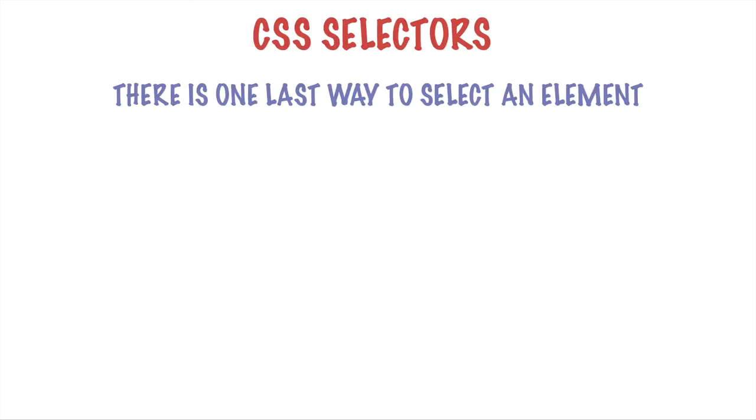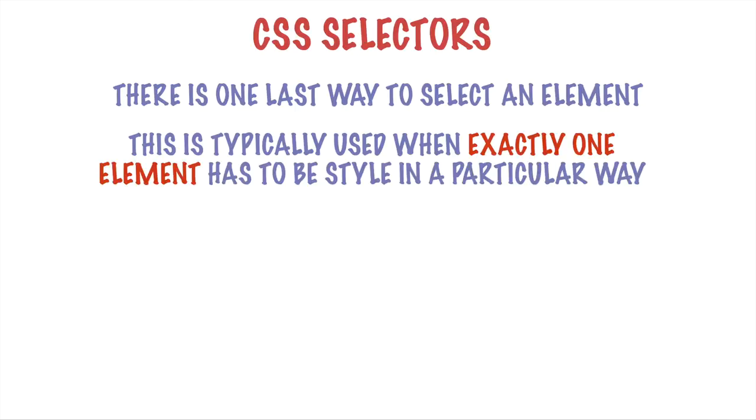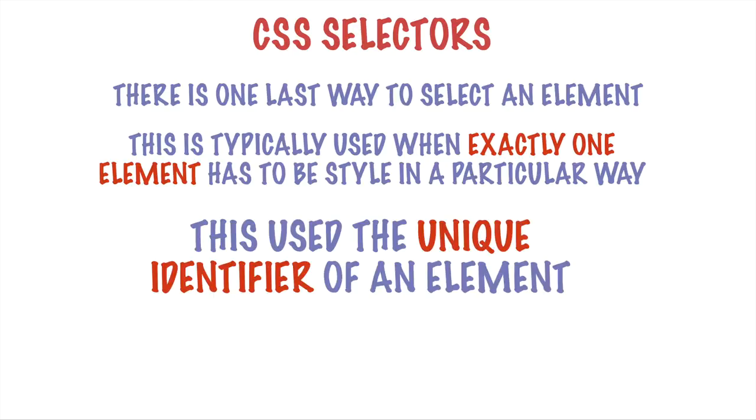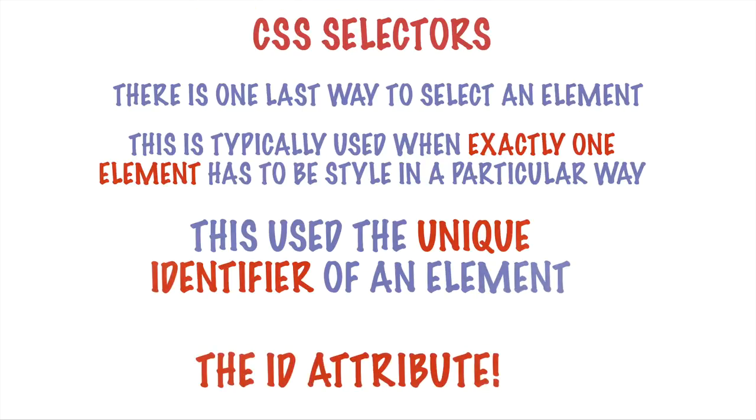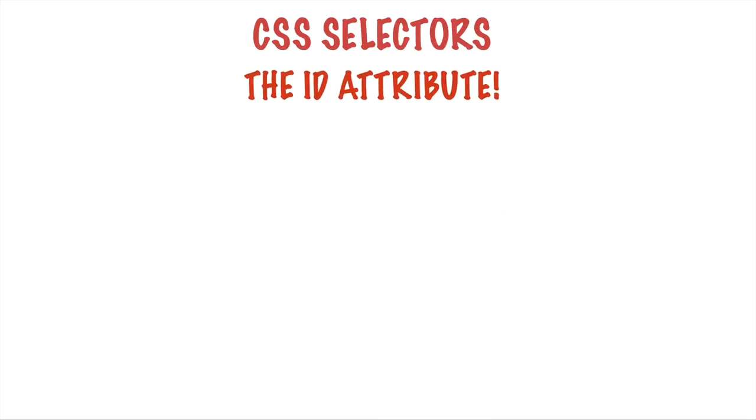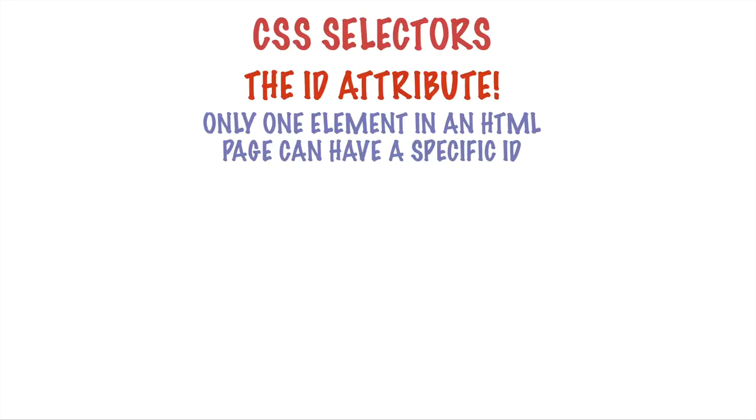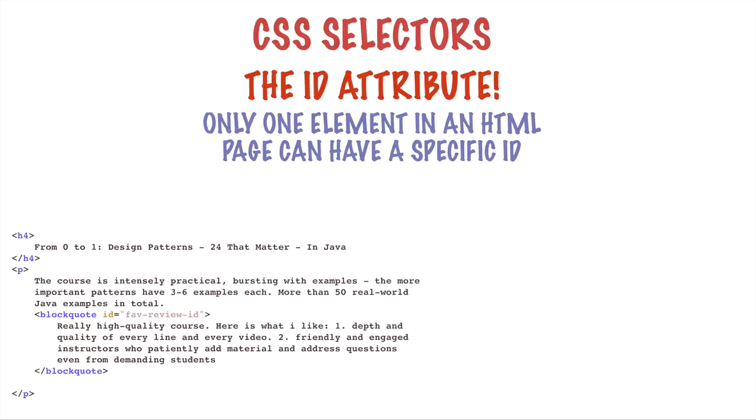So far, we have spoken about selectors based on the HTML tag and selectors based on the class name attribute. There is one last way to specify a selector element, and that is using the unique identifier of any HTML element, that's the ID attribute. We have already seen how it's possible to link to a specific part of a web page using the ID attribute and specifying the ID attribute followed by a hash in the href part of an A tag.